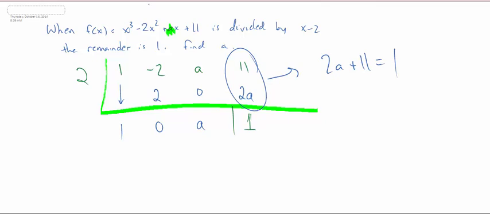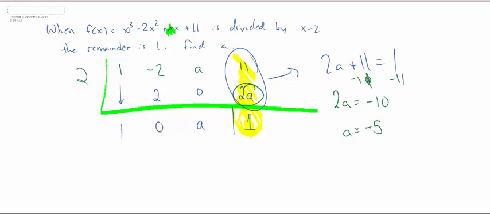We should have been able to also reason out that in order for this 1 to be there, we would need this value, 2a, to be equal to negative 10, which is what we get when we subtract 11 from both sides. So a needs to be negative 5.